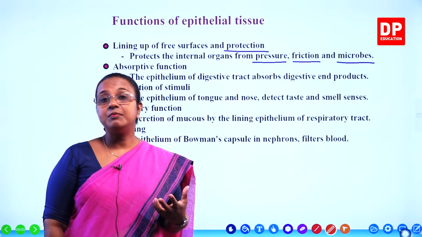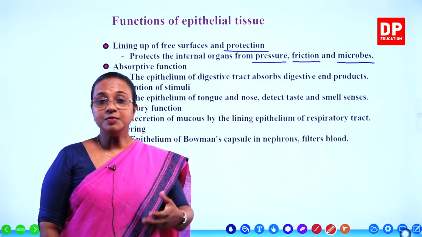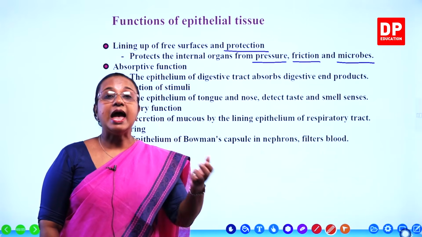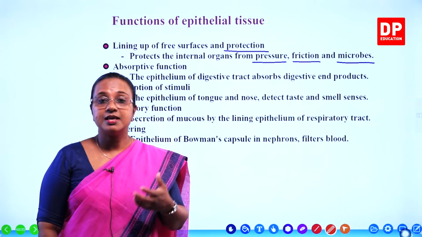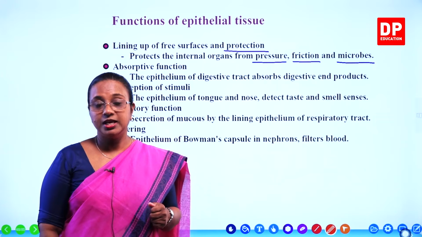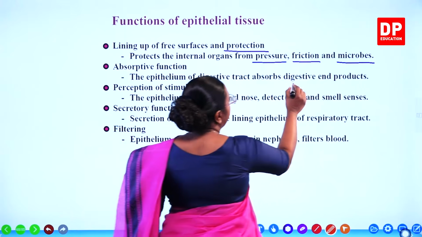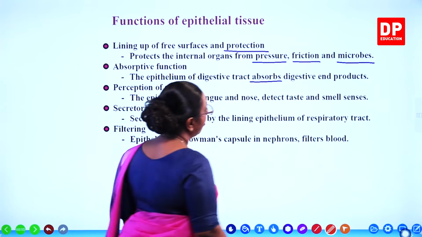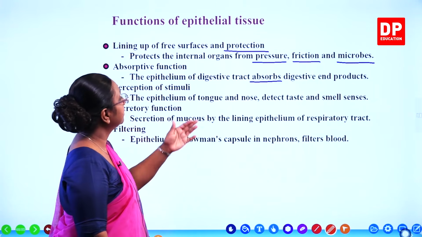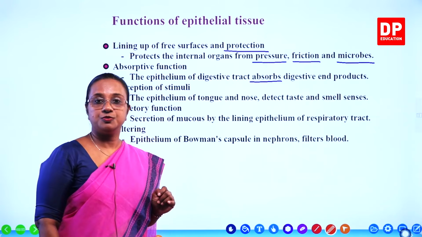Inside the digestive system, food is broken down and the end product is absorbed by the body into the bloodstream. So there, the absorbing function is done by the epithelial tissue.